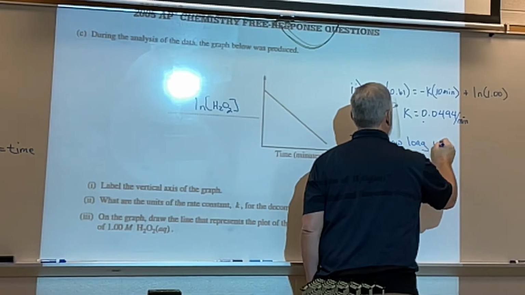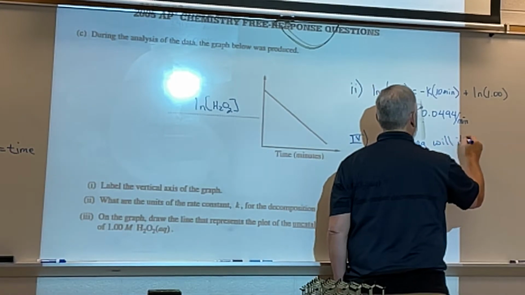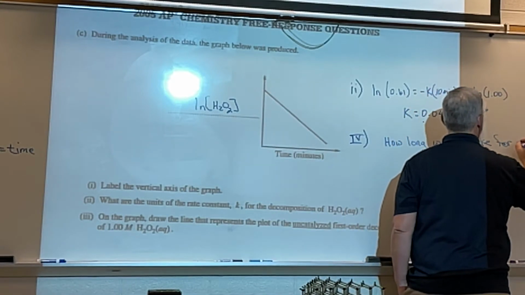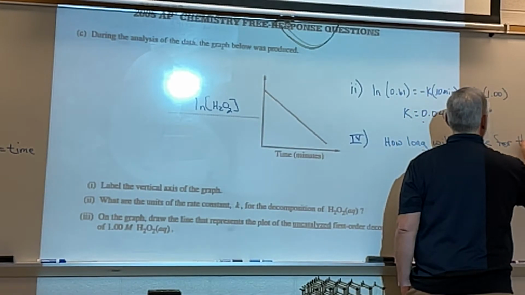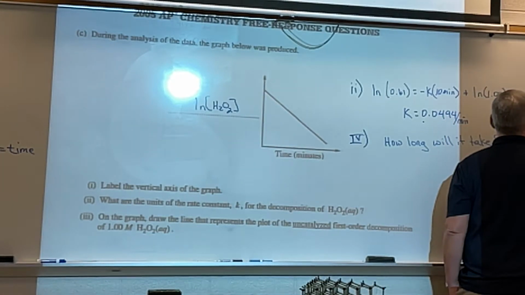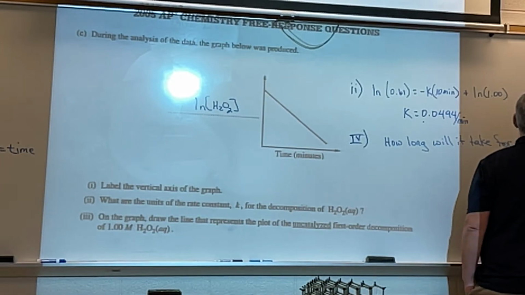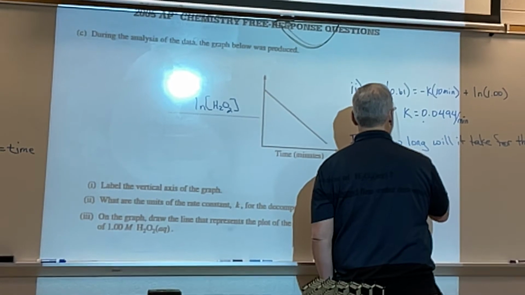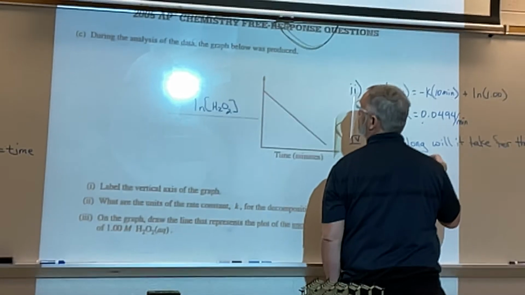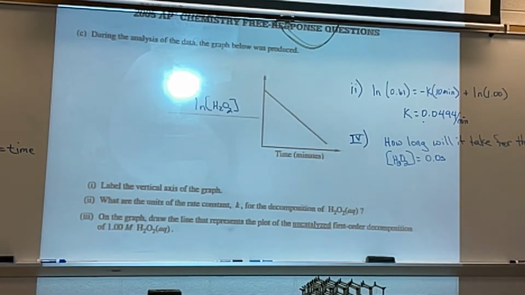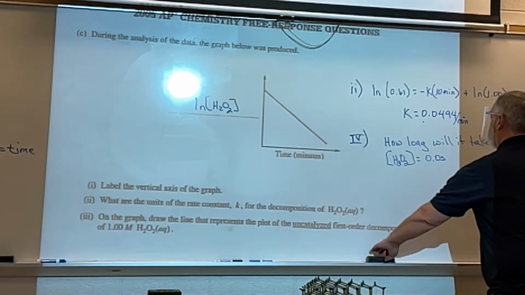How long will it take for the concentration of H2O2 to equal 0.05? Is it 0.1, wasn't it? I'll start it at 1, so 0.5.